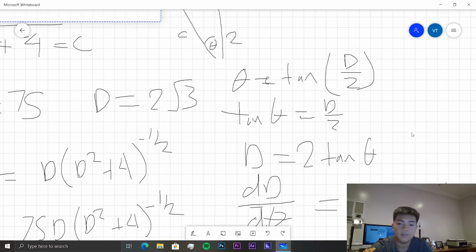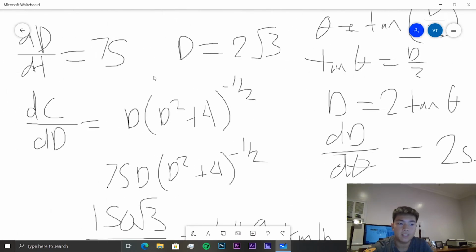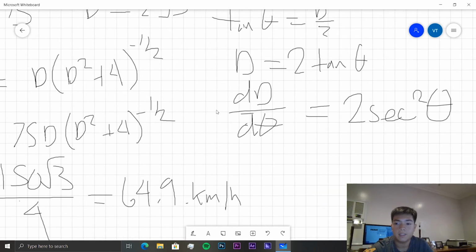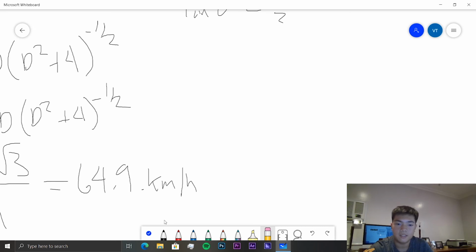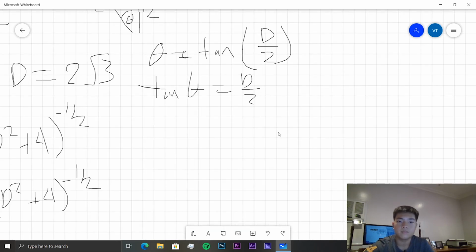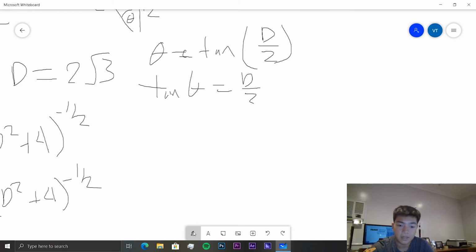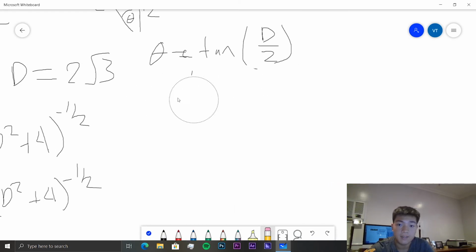And we need to find the rate of change of the angle. So we know the rate of change of time. Actually, why are we working with the angle here? Let's just use the implicit method instead. Okay. So we have theta is equal to arctan of d over 2.